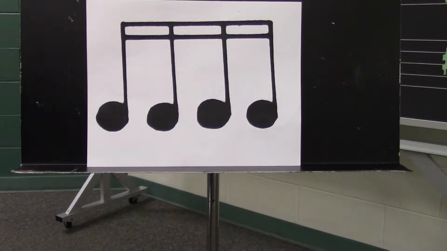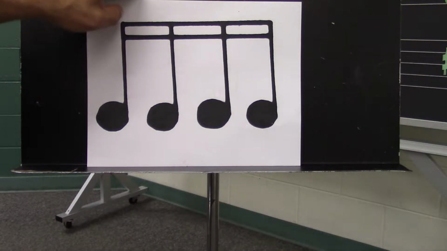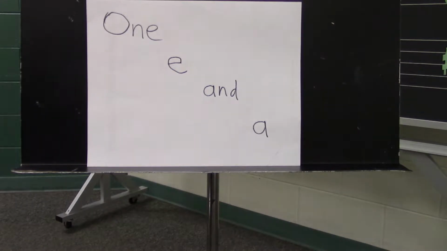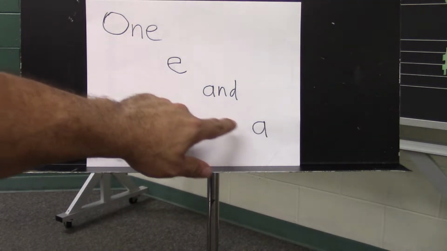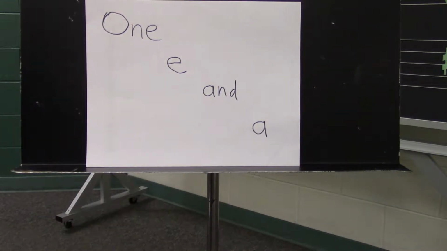What do we say when we count a set of 4 16th notes? We say 1, E, and D. And I taught you in the last lesson, if you made that smooth, like for singing, what would be the pronunciation?